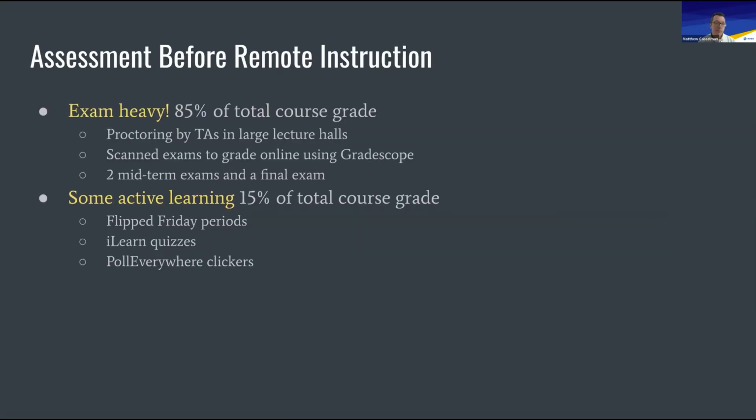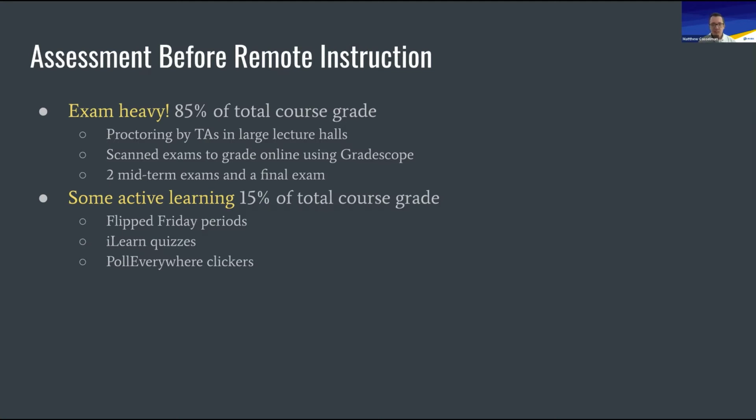Before we transitioned to remote instruction, I had a fairly typical assessment scheme. It was exam heavy. 85% of the total course grade was exams, made up of 2 midterms and a final exam. I crammed them all into some of the big lecture halls on campus.